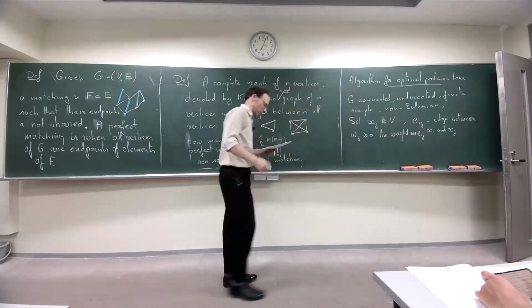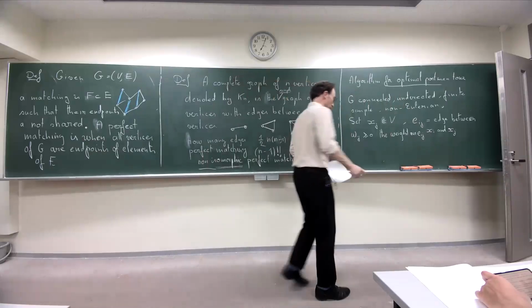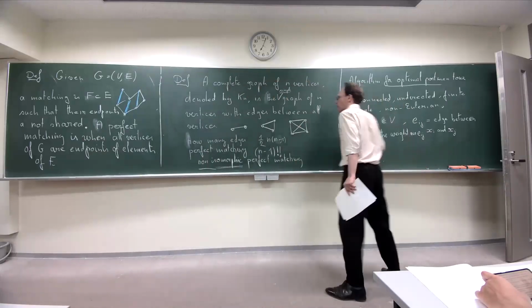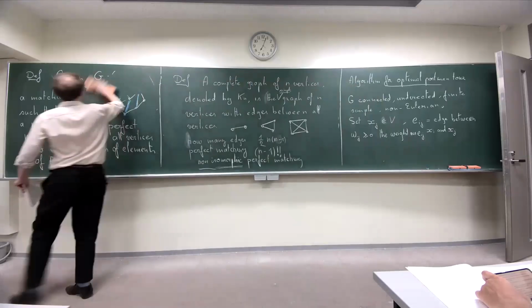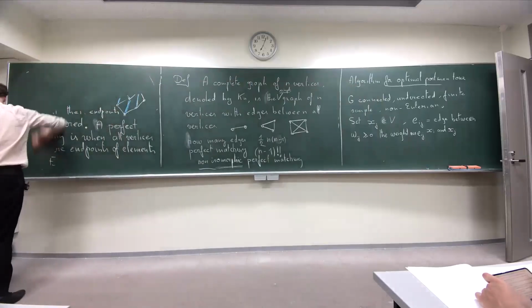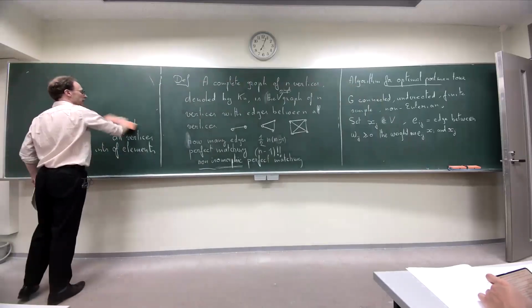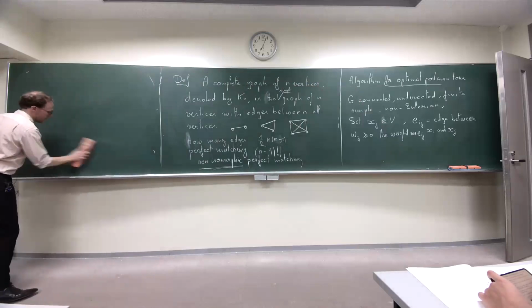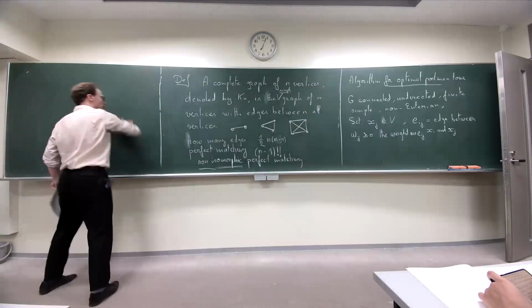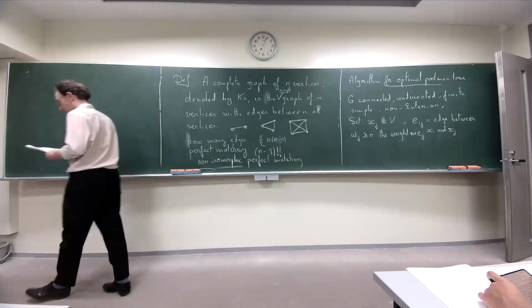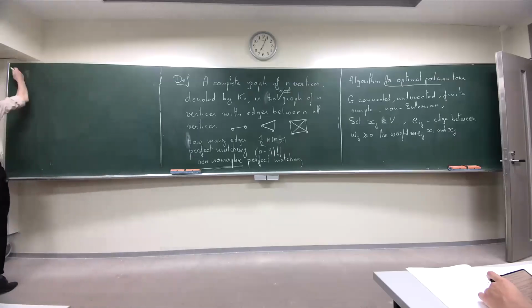I assume it positive for simplicity. So this is the setting. And observe, I don't impose anything about the degree of each vertex. So what is the algorithm?